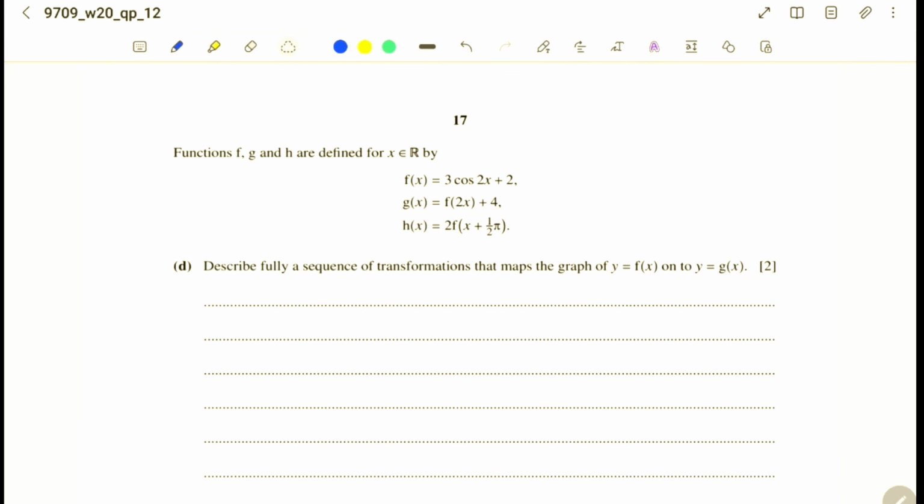The next part of the question is: functions f, g and h are defined for f of x equal to 3 cos 2x plus 2, g of x equal to f of 2x plus 4, h of x equal to 2 multiplied by f of x plus 1 over 2 pi. Describe fully a sequence of transformations that maps the graph y is equal to f of x onto y is equal to g of x.